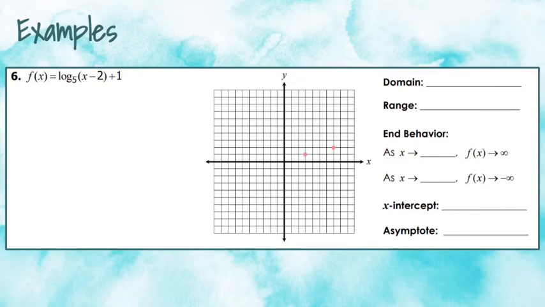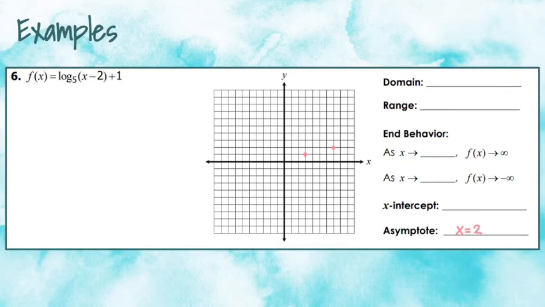All right, so what is helpful to notice is what our asymptote is going to be. And your asymptote in this one, remember that in the exponential ones, if we had a k value on the end, so we had 2 to the x plus 7, this plus 7 would be what our asymptote was. Well, in logarithmic functions, our asymptote is the opposite of this number. So that is a -2. Our asymptote is going to be x equals +2.